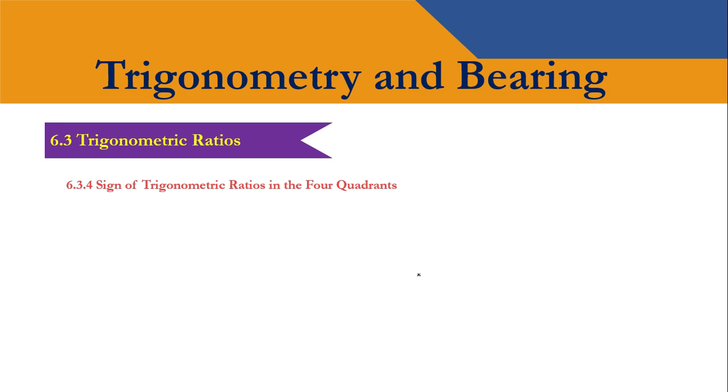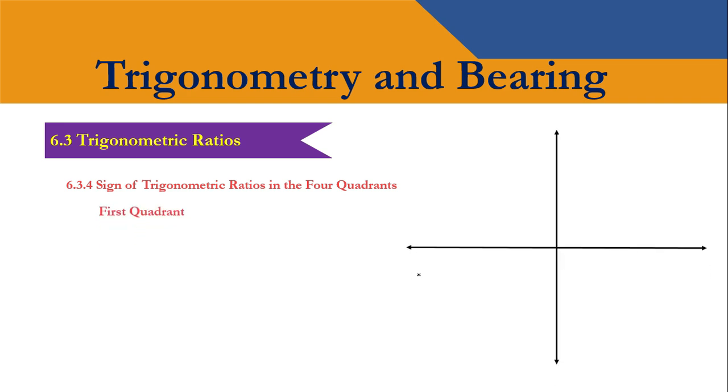Now let's discuss the sign of trigonometric ratios in the 4 quadrants. As you know, this is our coordinate plane, the x-axis. This is the negative side of the x-axis. This is the positive side of y, and this is the negative side of y. The first quadrant is here. In this quadrant, both the value of x and the value of y are positive.